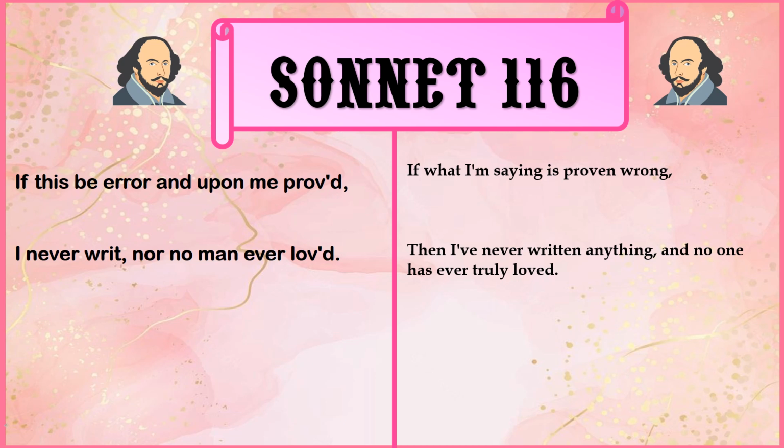Therefore, Sonnet 116 presents a powerful argument that true love remains unchanged even in the face of challenges, obstacles, and the passage of time. Therefore, we can say that this sonnet is a celebration of love.